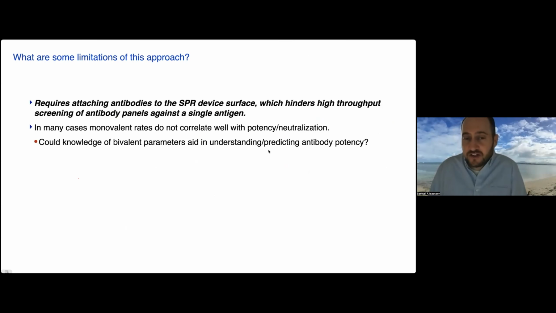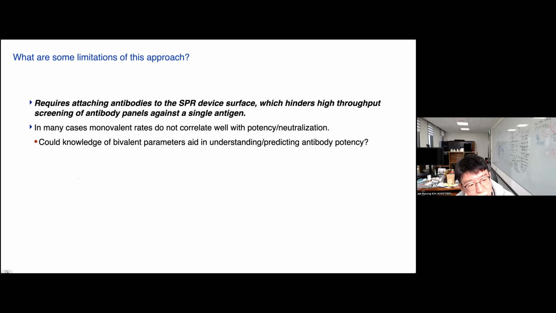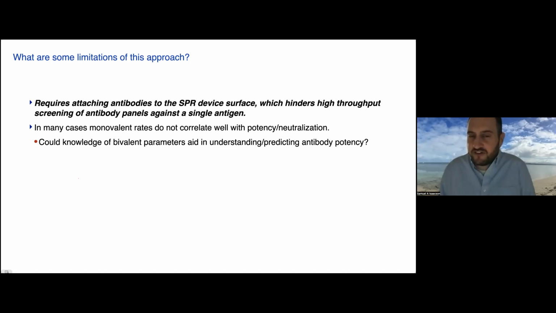And then the final issue is that these K-on and K-offs you get turn out to not really correlate very well with how good an antibody is at shutting down spike protein, at preventing spike protein from infecting cells. So you can get these on and off rates, but they don't seem to correlate super well with neutralization ability. And so another question is, if we do a more detailed, physically accurate model, could we better predict neutralization ability of antibodies?